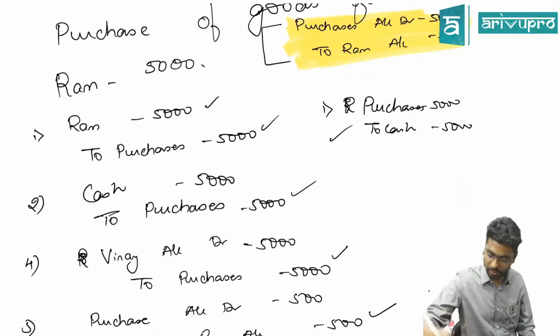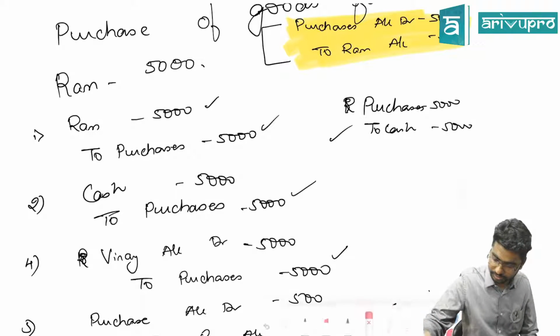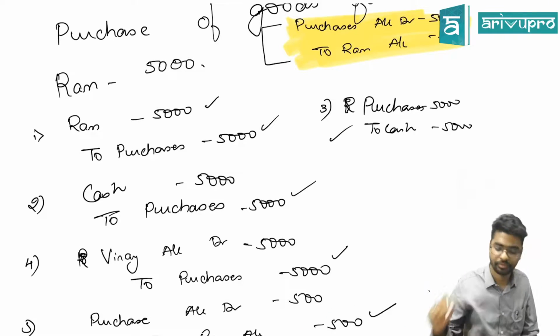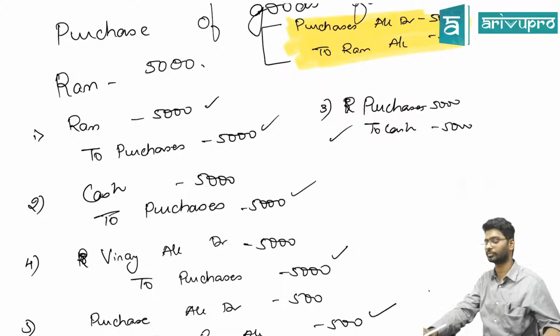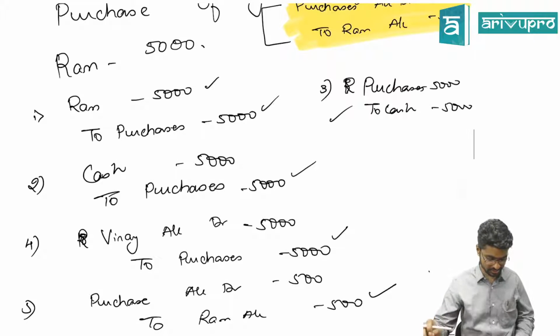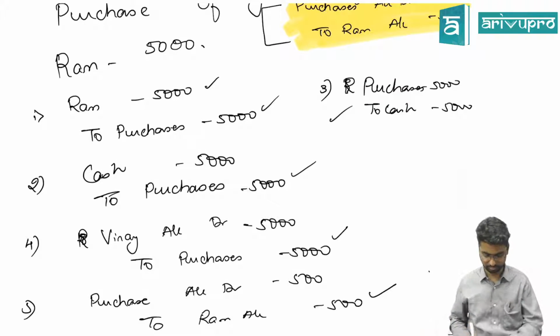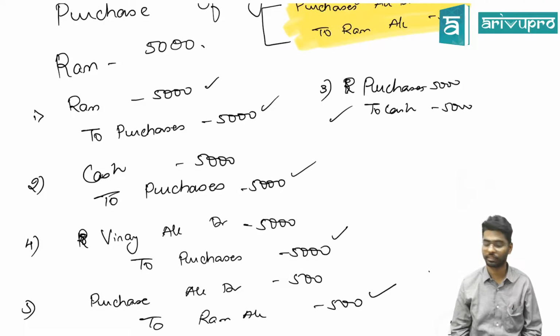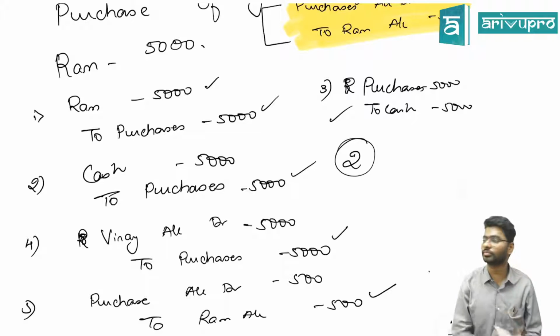I'll give numbers to make it simpler. 3, sorry. One, 2, 3, 4, 5. Any of this? Okay, somebody is saying 2. Anything else?